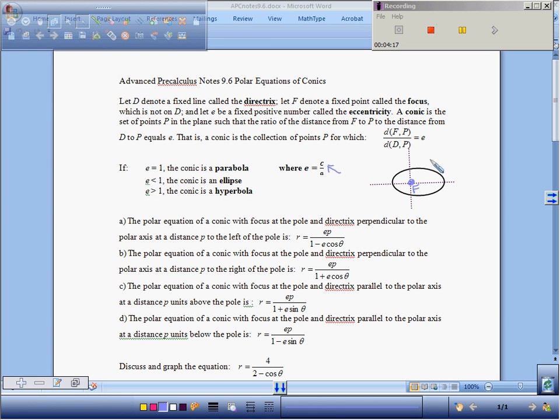And if the ellipse is going this way, which we'll talk about these equations in a minute, then the directrix is going to be somewhere over here, okay?